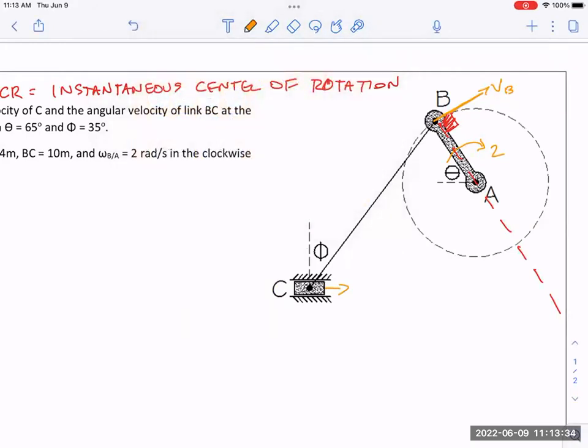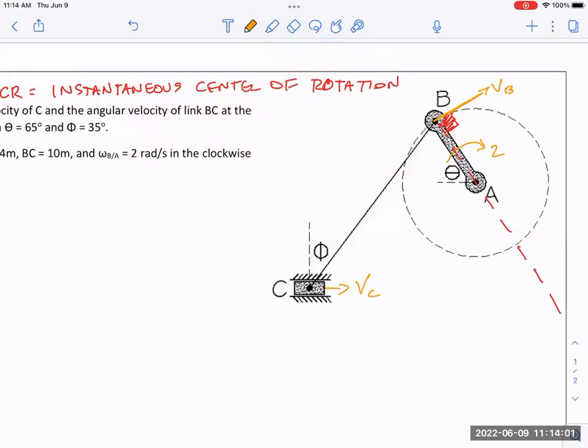Yeah. So do you agree that the velocity of C is going to go this direction? And it's stuck in that cylinder, if you will. So it's kind of heading that direction. It can't really go any other place than that. And so I could do the same thing with this.